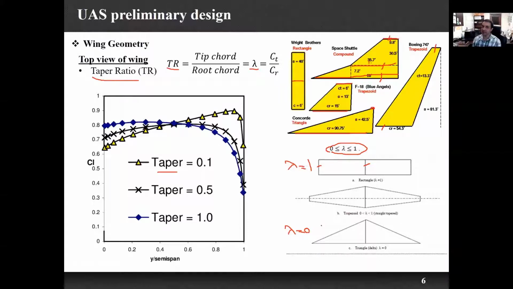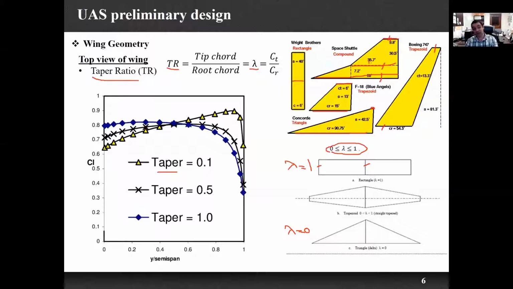Do you know any system in nature in which the taper ratio is more than 1? For the cases that we saw here, the taper ratio was changing from 0 to 1, but in nature we have some concepts whose taper ratio is more than 1.